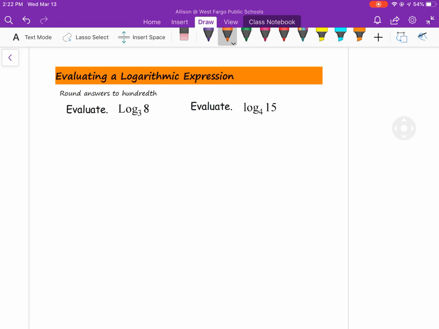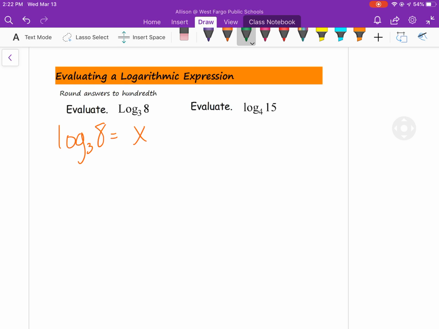Now these ones, evaluating a logarithmic expression. In your calculator you can type in log base 10. But for any other log, unless it's an advanced calculator, you have to either use the change of base formula or rewrite it as an exponential and log both sides. So one way of evaluating it, let's just say that the log base 3 of 8 equals x.